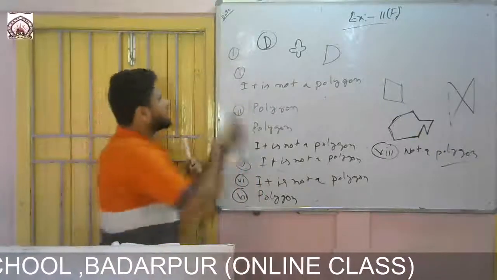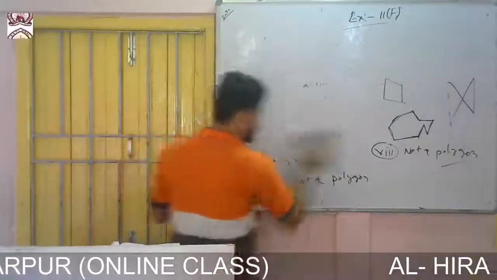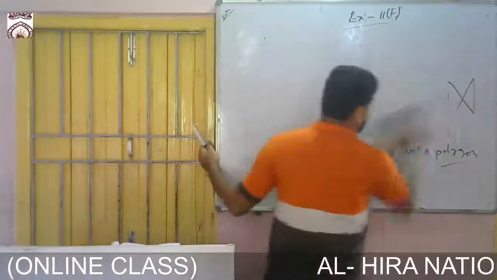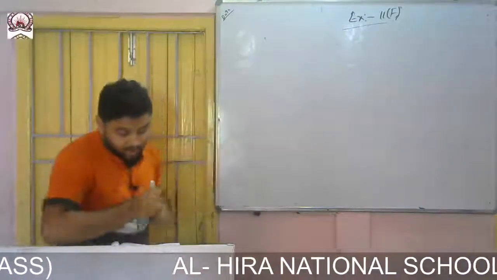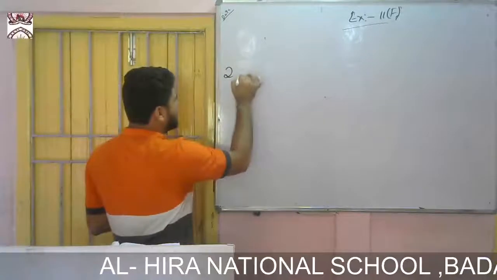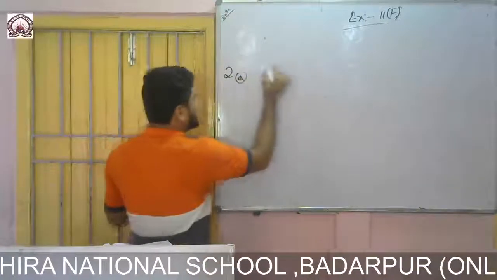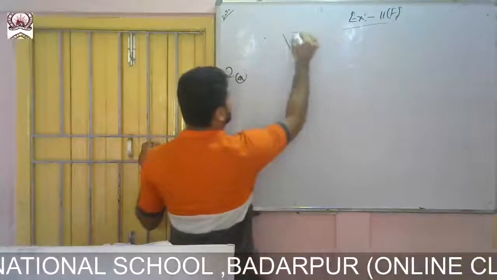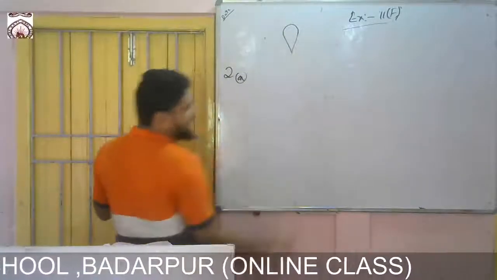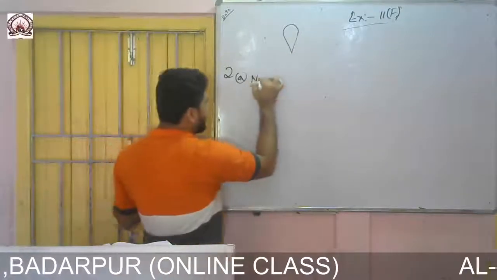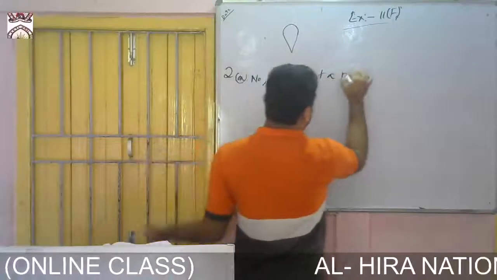So question number Roman 2a, you write, the shape is like this. It has one curved side, so no, it is not a polygon.